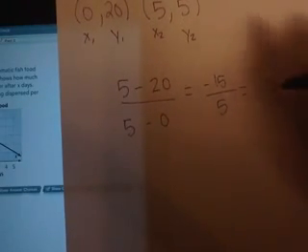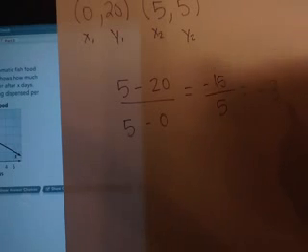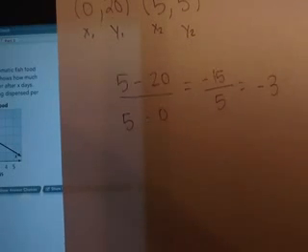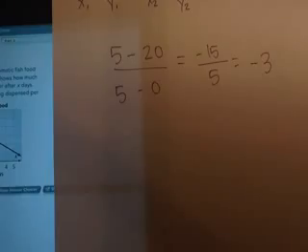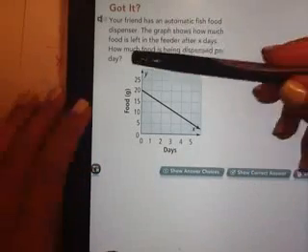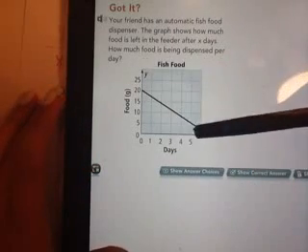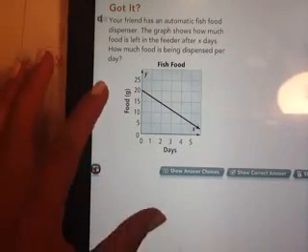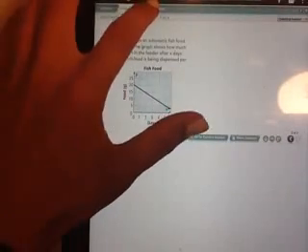So it's decreasing, so there are 3 grams being dispensed per day. And once again, remember that slope is always y per x. That's how I know it's 3 grams, which is y, per x, which is day. 3 grams per day.